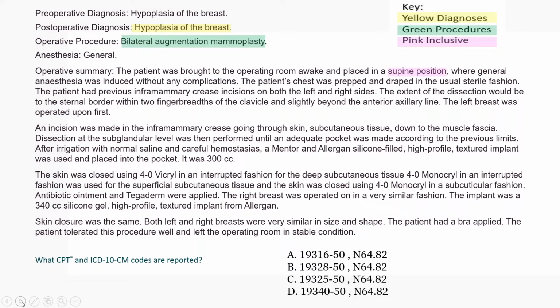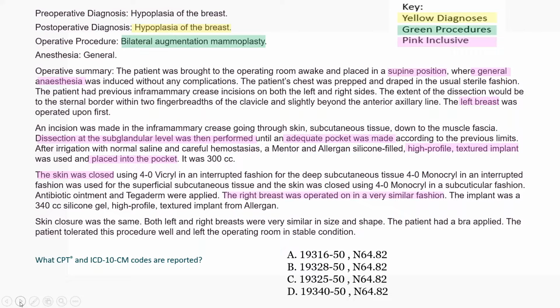mammoplasty. The patient was placed in a supine position with a general anesthesia given. The left breast was first operated. The dissection at the subglandular level was then performed. Adequate pockets were made. A high profile textured implant was used and placed into the pockets.